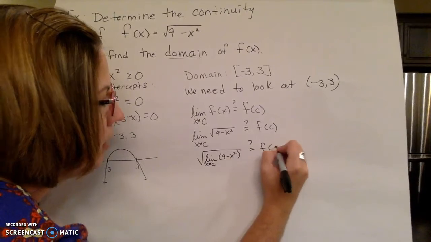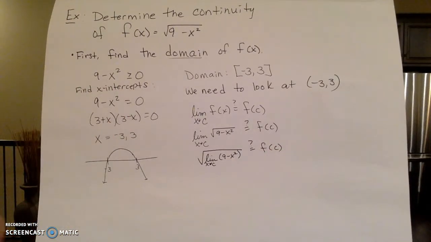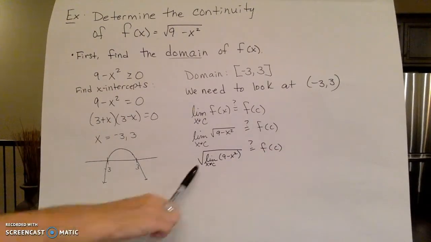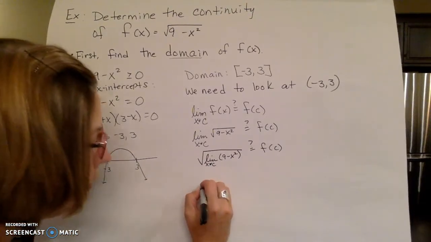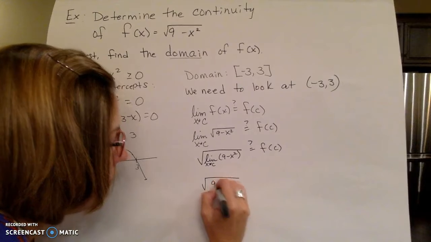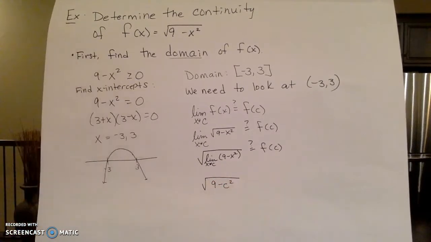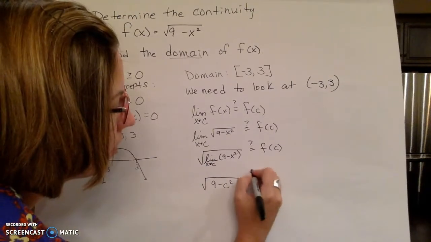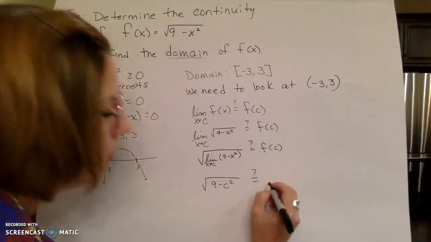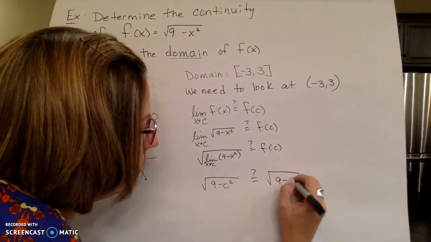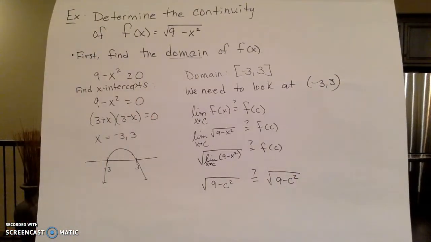And we have f of c. Then, in order to evaluate a limit, and c, just standing for some number, we would plug in c in place of x. We've actually evaluated the limit now, getting the square root of 9 minus c squared. Is that the same as when I put c in place of x? And it is. Okay.